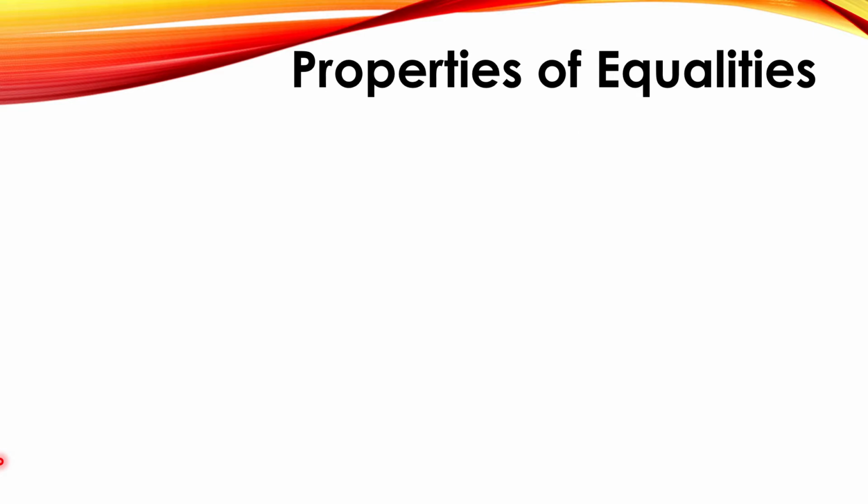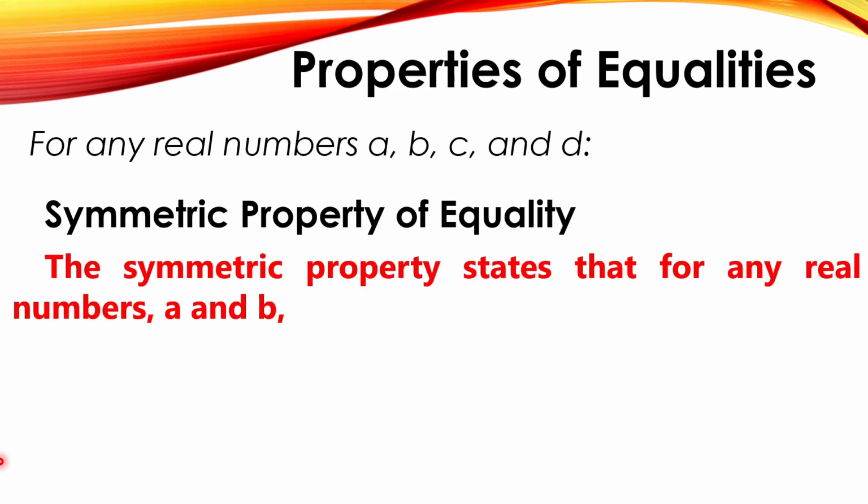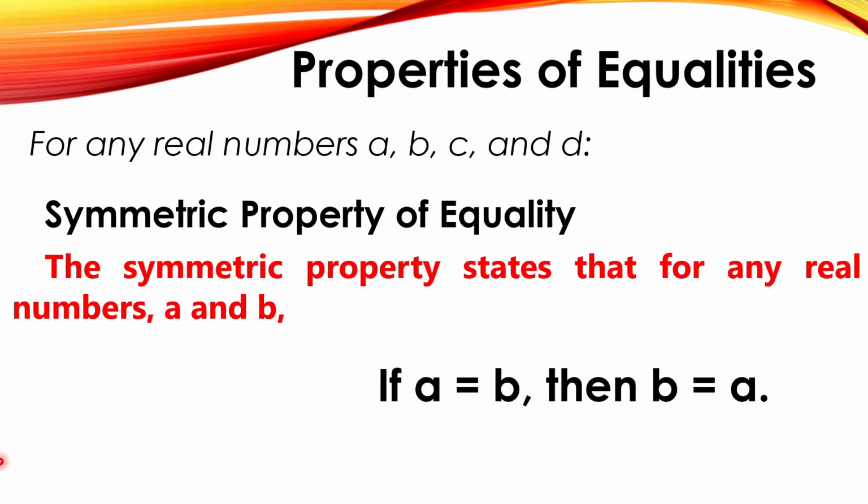Next, for number 2, we have symmetric property of equality. It states that for any real numbers a and b, if a is equal to b, then b is equal to a. That is for symmetry.